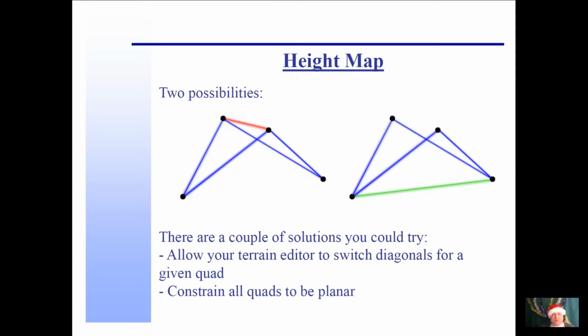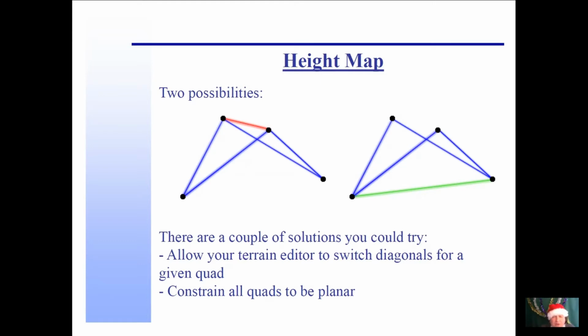There are several solutions that you could try. One solution is to just assume that we would either go like this or like this. You could also allow your terrain editor to flexibly switch diagonals as you need them. Or, as a compromise, a little trade-off, you can create a height map that doesn't have this double possible interpretation, but we lose a little bit on the resolution of a bitmap.